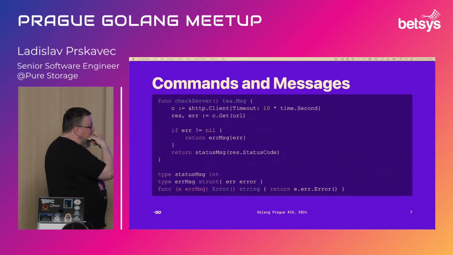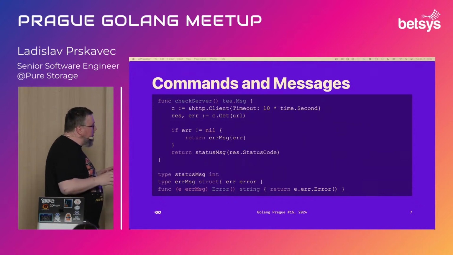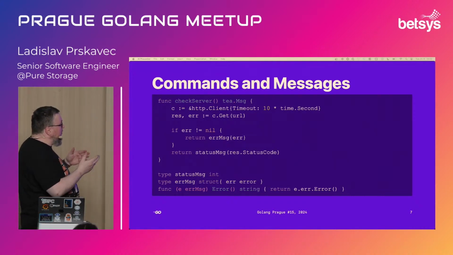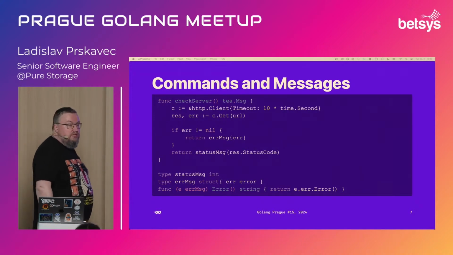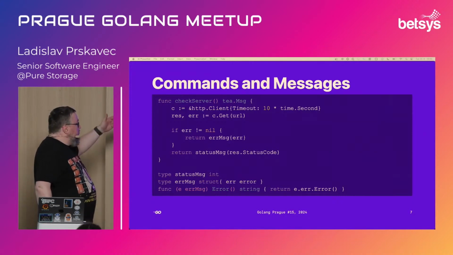But the problem is that if you have a normal HTTP function, you get some error or nil. You don't have the tea.Msg as the return type. And this is usually done by wrapping everything in some functions that you use for communication in the framework.